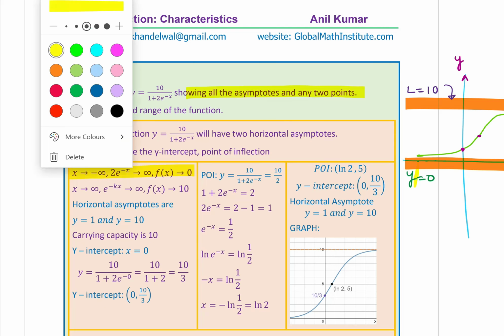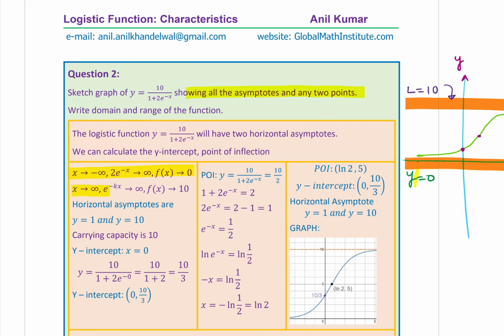Now what happens when I put positive infinity for x? So definitely e to the power of minus kx now becomes infinitely large, and therefore we get f of x... this approaches 0.